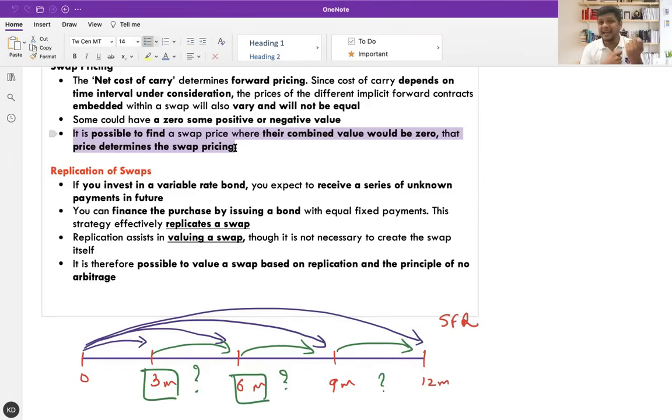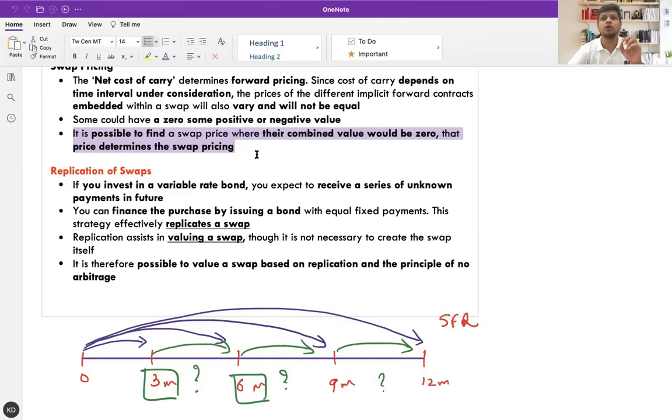So when you pay, it is like issuing a bond. When you issue a bond, you pay the interest. When you invest in a bond, you receive interest, right?